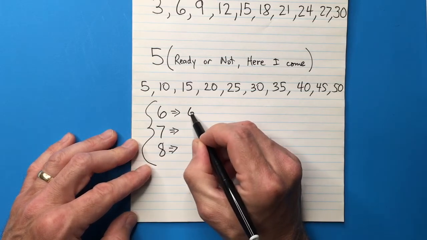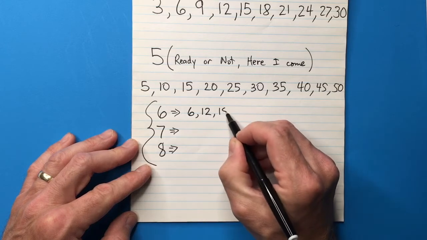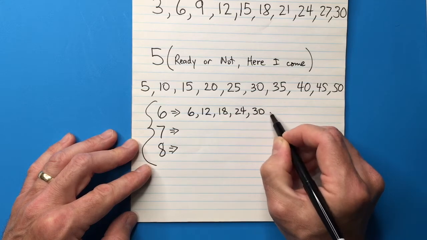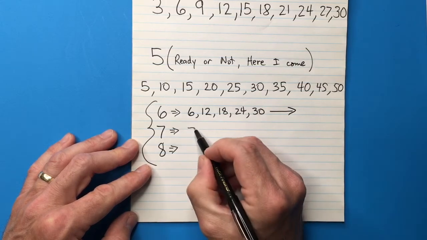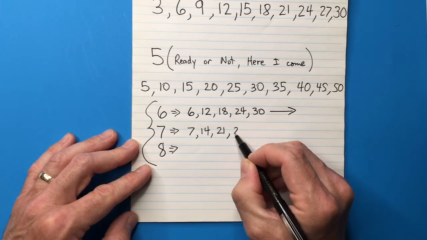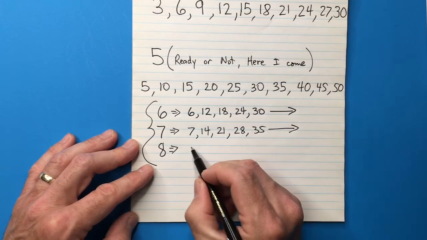That just means you're starting at 6, and each time you're adding 6. And so on. And with 7, same thing. We're counting by 7s. And you keep going. And then 8 as well.